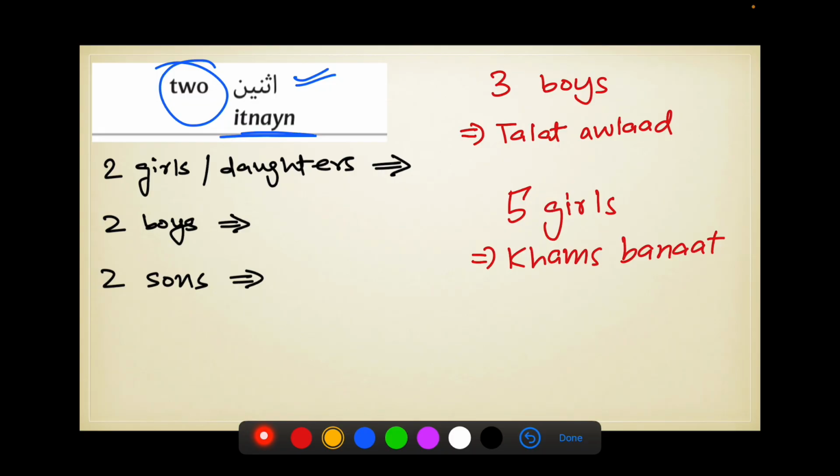For 2, for example, if we have to write 2 girls, we will not write itneen banat, but we will write the singular of the word girl, that is bint, and add the ain from itneen to the end of the word.